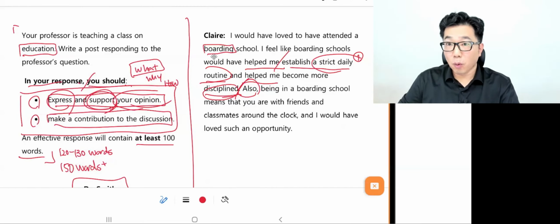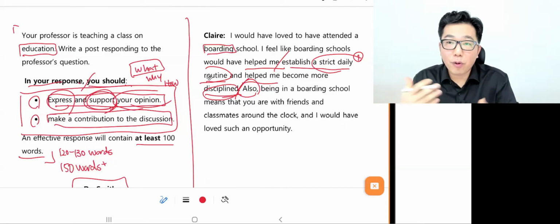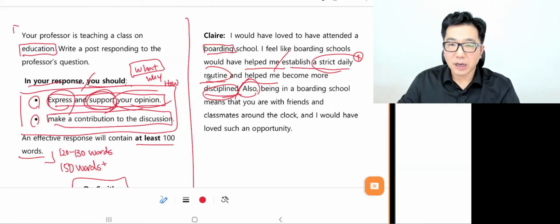But if you go to boarding school and you just follow the schedule, then you are losing your opportunity to practice making your own decision or becoming more independent person. Okay, that kind of idea may come into your head by reading this sentence, hopefully.